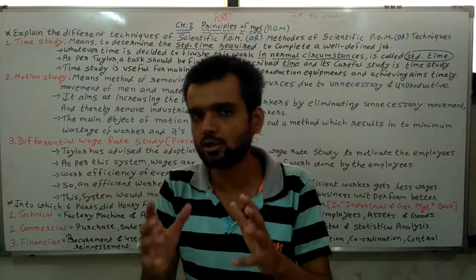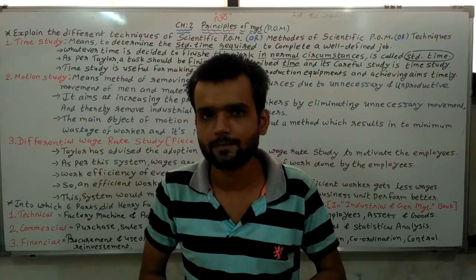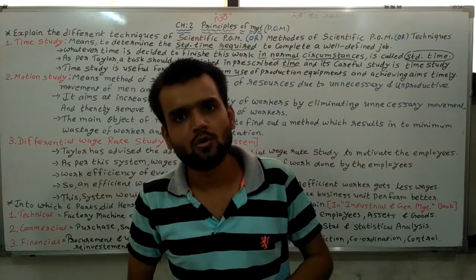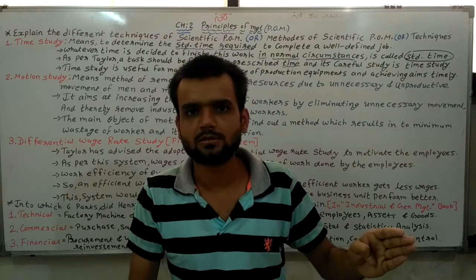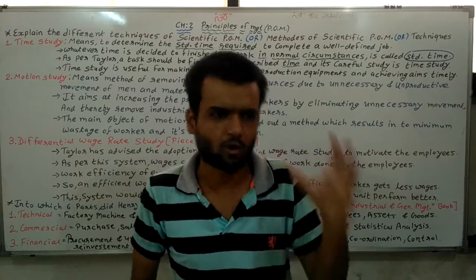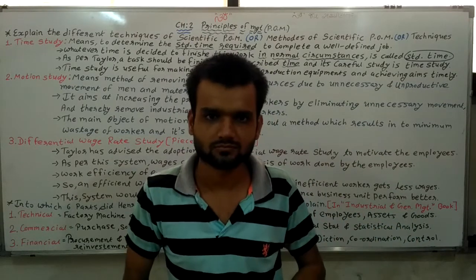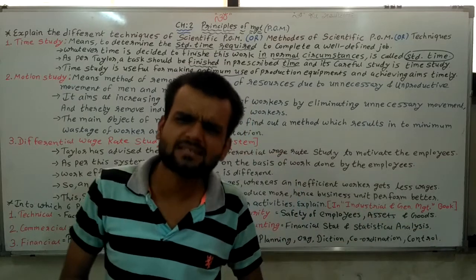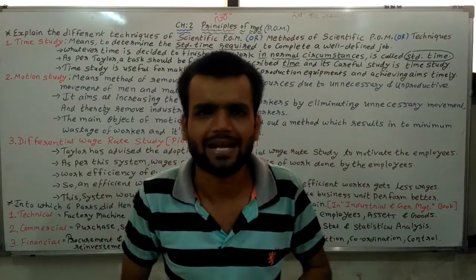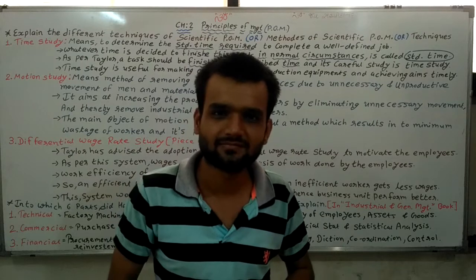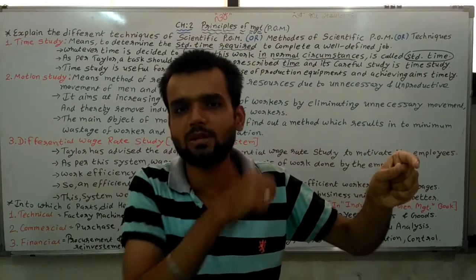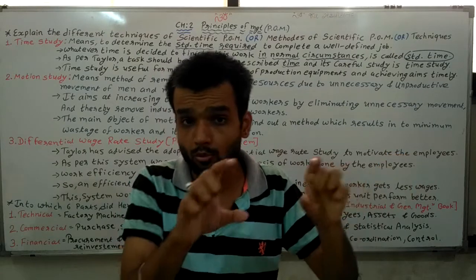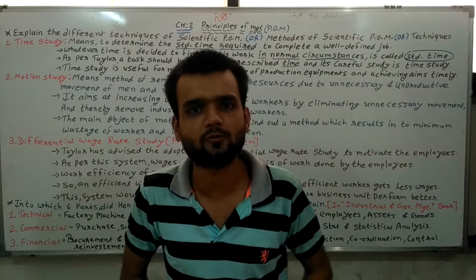Motion study is also required. Suppose workers are going from one place to another place again and again, and time is spent on that. That is unnecessary time spent by the worker, and it is not good for the unit. Maximum utilization of time cannot be possible this way. So motion study is the most important one.